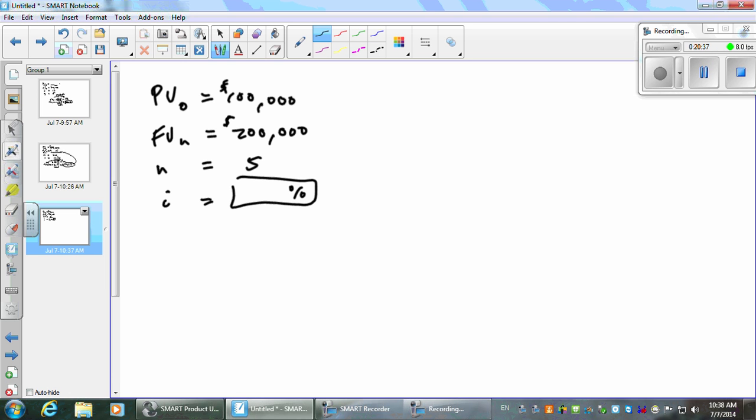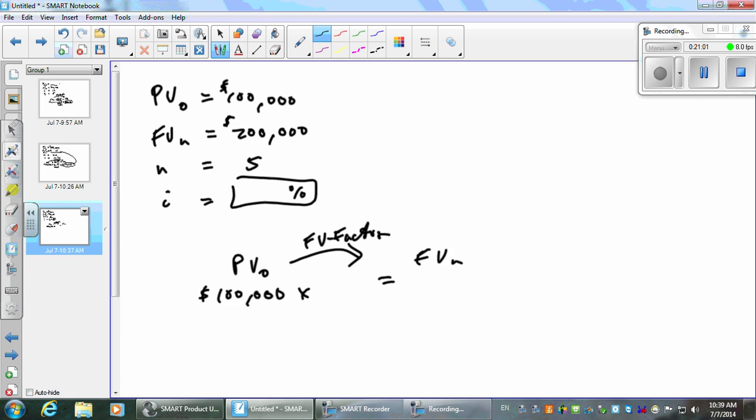You can set it up either way. You could go: present value now is 100,000 times some future value factor, and that equals a future value some number of periods from now, and that number of periods from now, of course, is 5, isn't it?